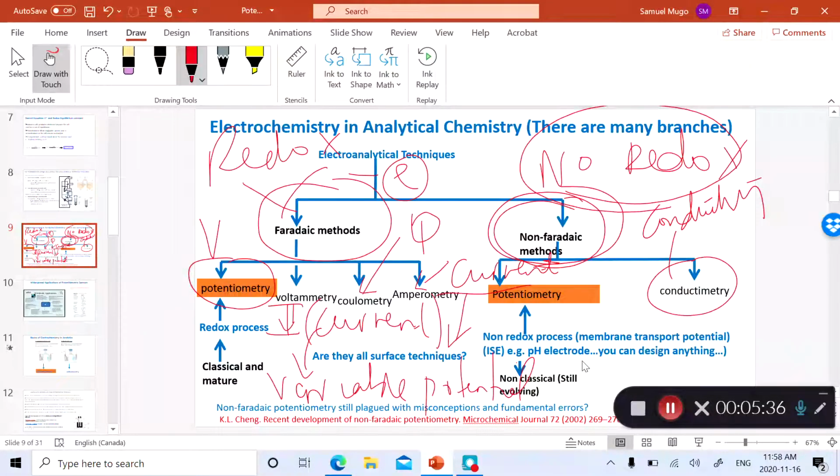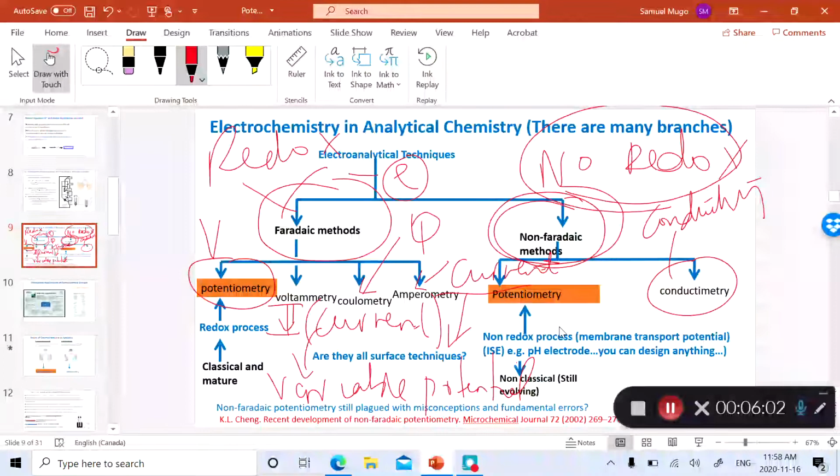Okay. Maybe you can take a look at this paper if you're interested, because there has been a lot of misconceptions trying to differentiate between the classical potentiometry, which is a galvanic cell, and the non-classical potentiometry, which is the ion selective electrodes, because of the usage of terms, they are used interchangeably.